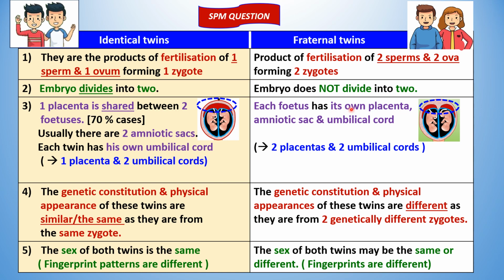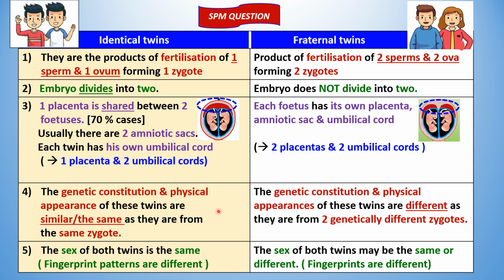Okay, but for fraternal twins, each fetus has its own placenta, as seen here. Okay, so there are two placentas and two amniotic sacs and two umbilical cords. Okay, the difference is the placenta usually. Okay, so identical twins share one placenta, and fraternal twins have two separate placentas.